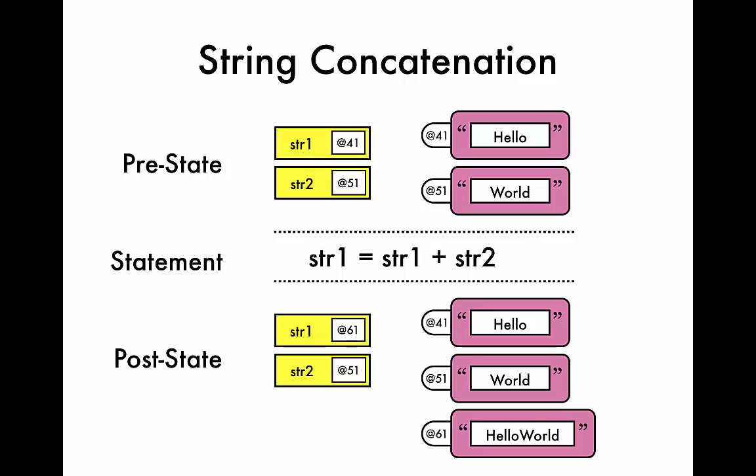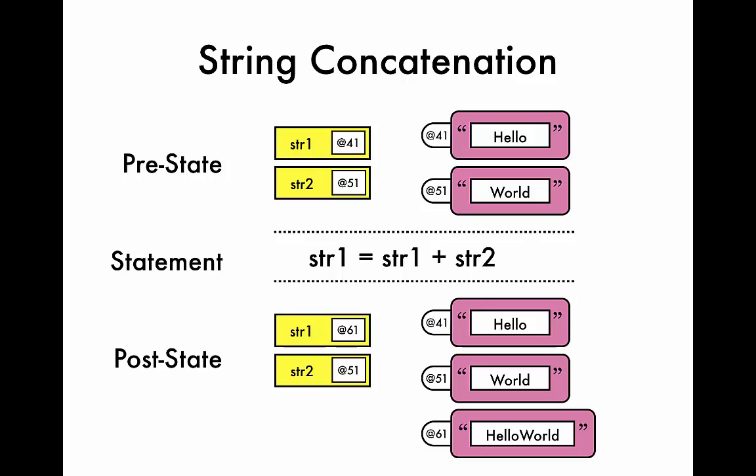The key thing to understand here is that a new string is created by the concatenation operation. The string object hello that resides at memory location 41 is not changed. Again, it cannot change because strings are immutable.